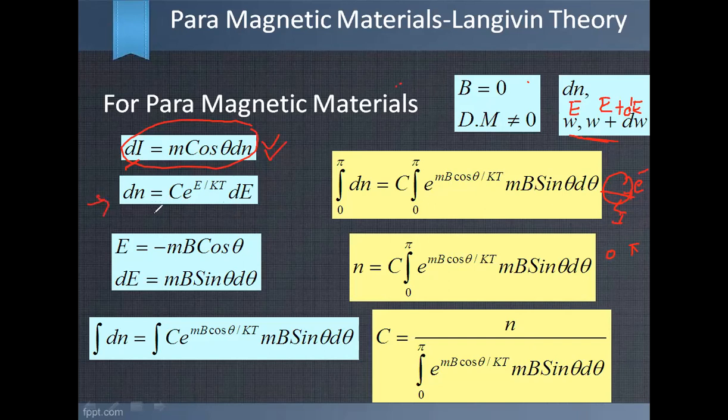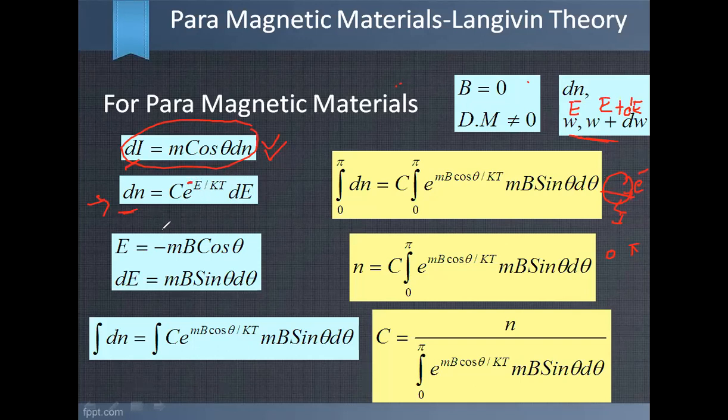In intermediate we also learned the energy distribution: the density of the dipoles dn is equal to C e power minus E by kT dE, where C is a constant.